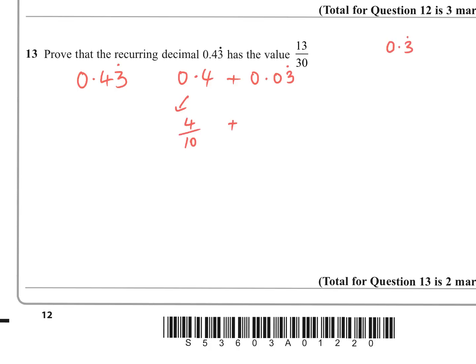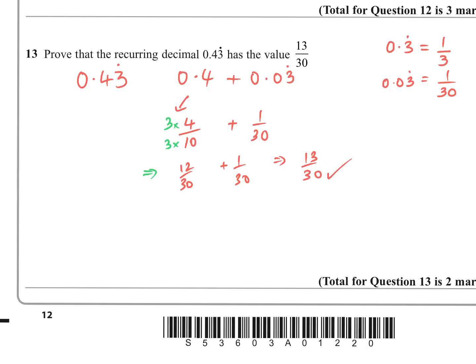Well, 0.3 recurring is 1/3 or 3/9, and so 0.03 recurring is going to be 1/30. So we could add those two together. We could multiply this one top and bottom by 3 to get the denominators the same, and that would leave us with 12/30 plus one more, which would be 13/30ths as required.